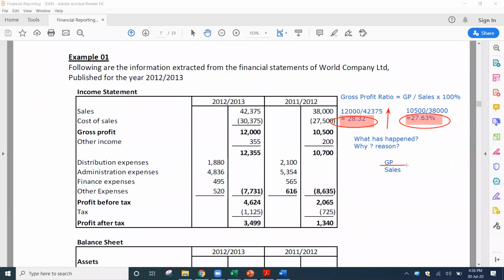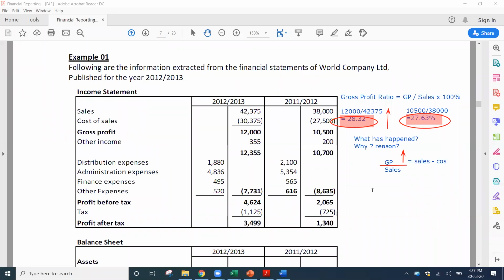For an increase in this ratio, your gross profit should increase. Then only the gross profit margin will increase. Right before that, what is meant by gross profit? Gross profit equals sales minus cost of sales.